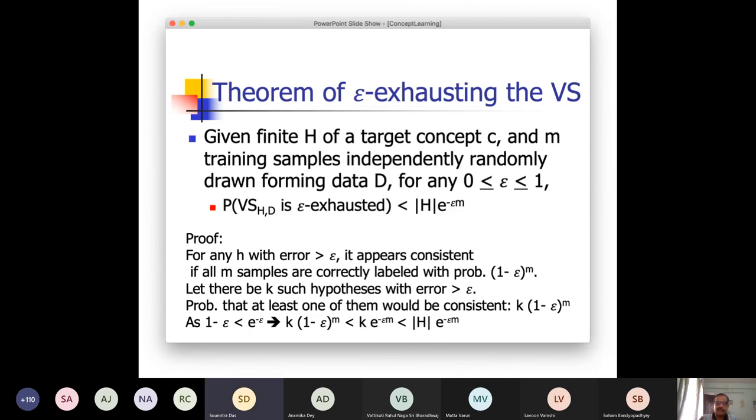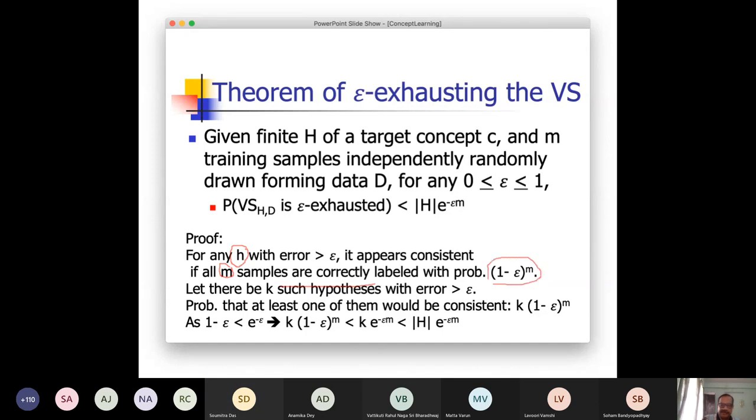See, what is the probability that one sample, consider just one sample, is correctly labeled by h? It is 1 minus epsilon, which means all m samples are correctly labeled with probability (1 minus epsilon) to the power m.